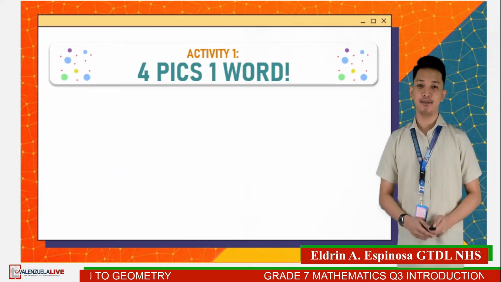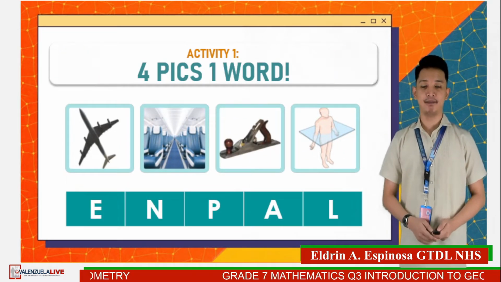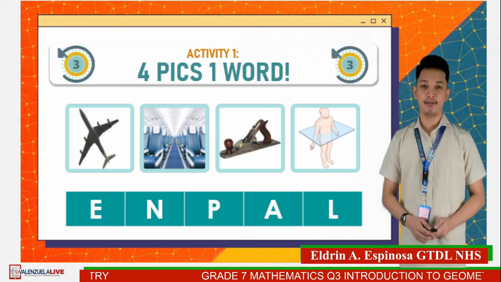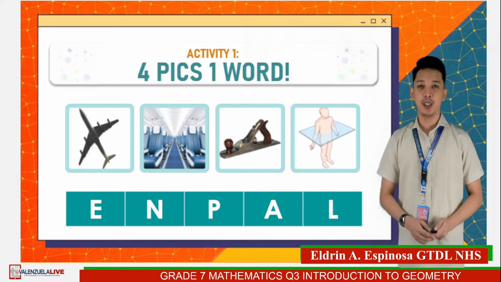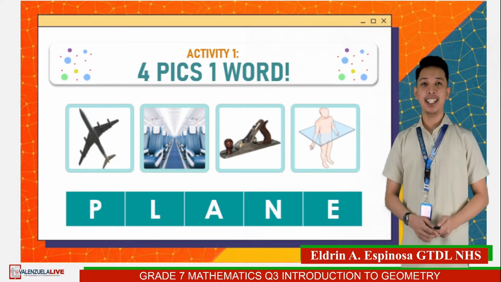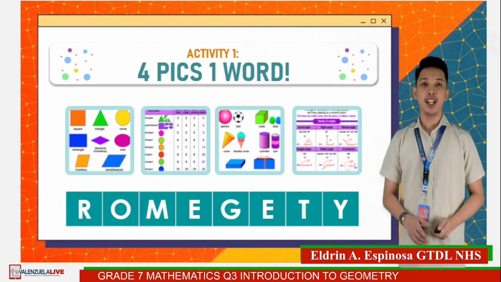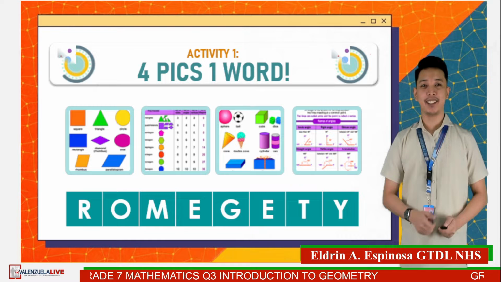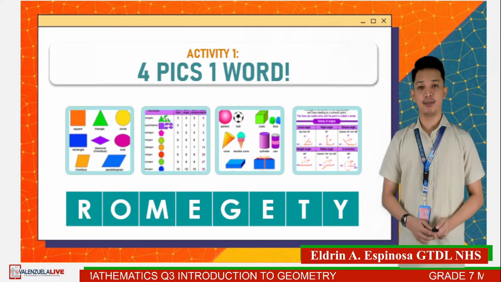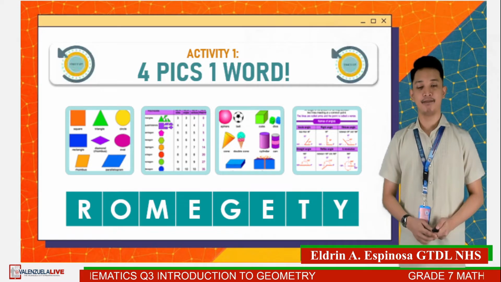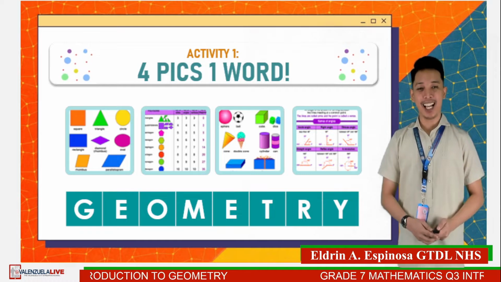Next. 5 seconds, go! Great! The correct answer is plane. And for the last set of pictures, 5 seconds, go! That's really nice. Geometry is the correct answer.